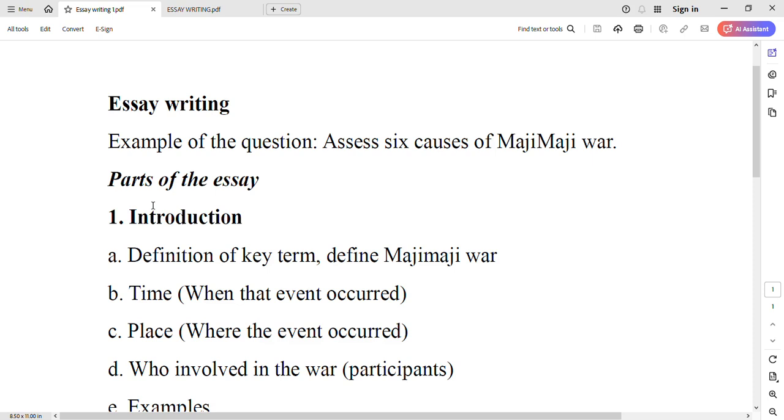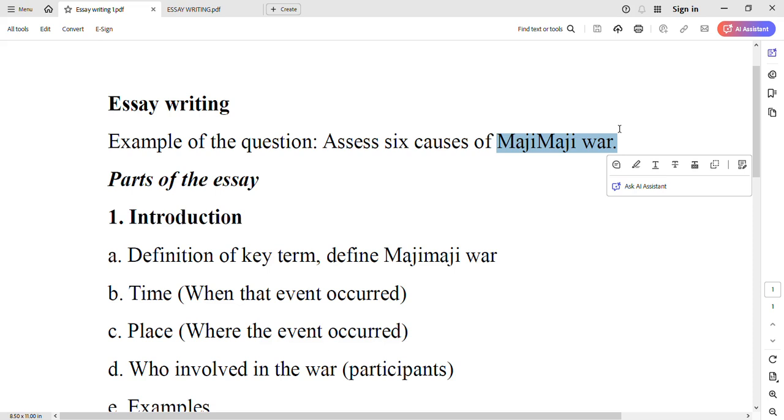When we say the key term, we refer to the main part of the question, without which the question is meaningless. In our example, the key term is Maji War. If I cancel the words Maji War, what am I getting in the question? The question loses its meaning. We can't understand what the question wants.